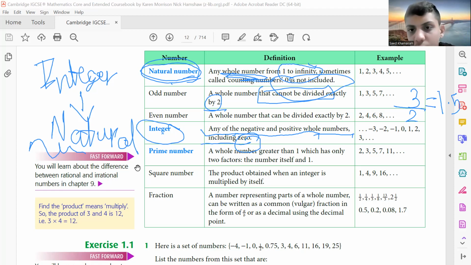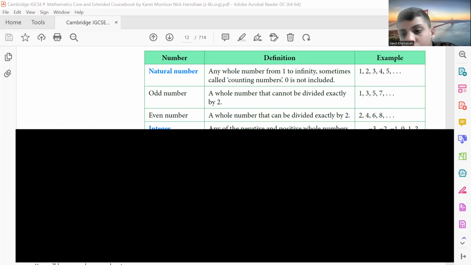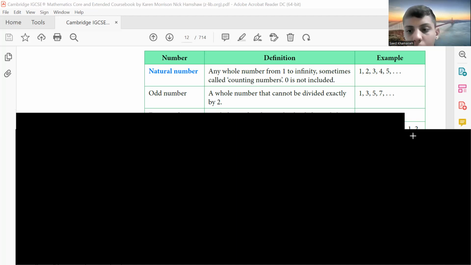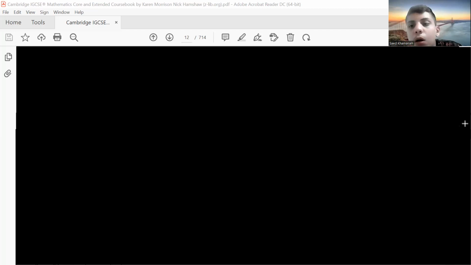Let us clear all the drawing here. Okay, now I have the white here.